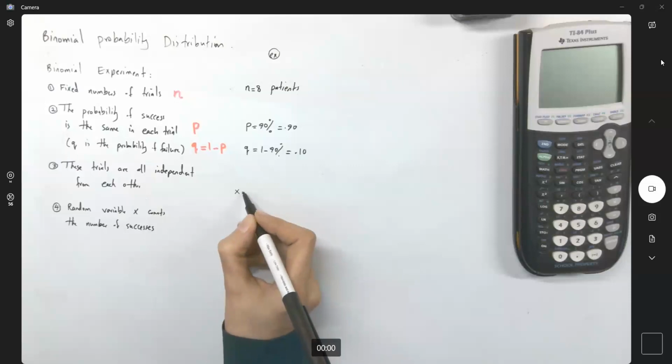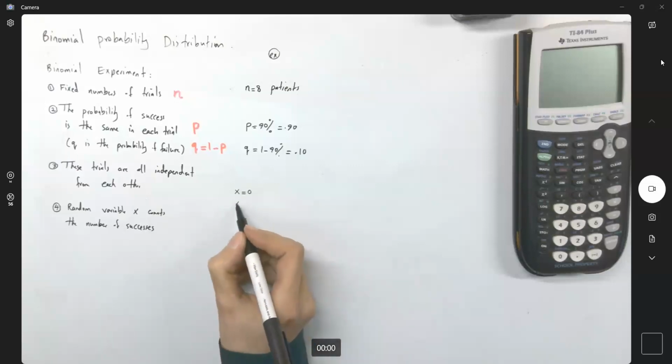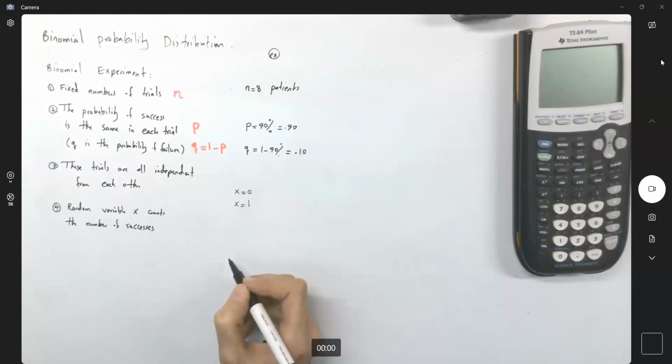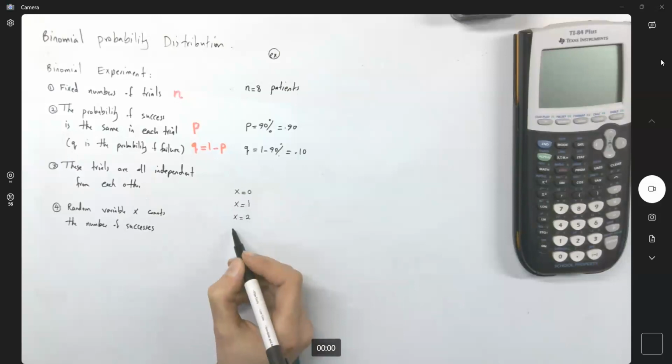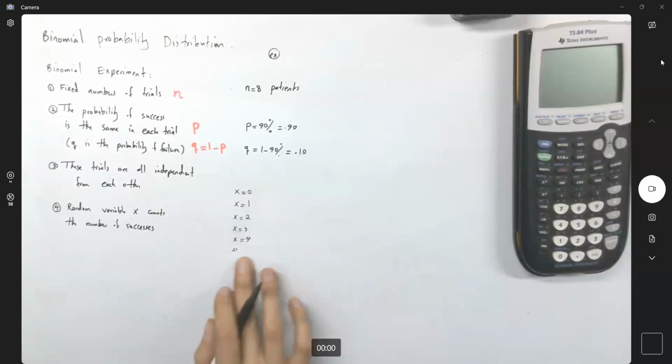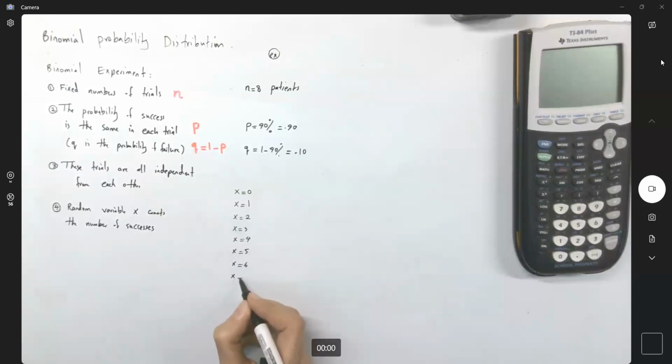You might have no successful surgeries, so 0 successes. Or you might have 1 successful surgery. Or it might be 2 successful surgeries. 3, 4, or 5, or 6, or 7, or all of your surgeries are successful.